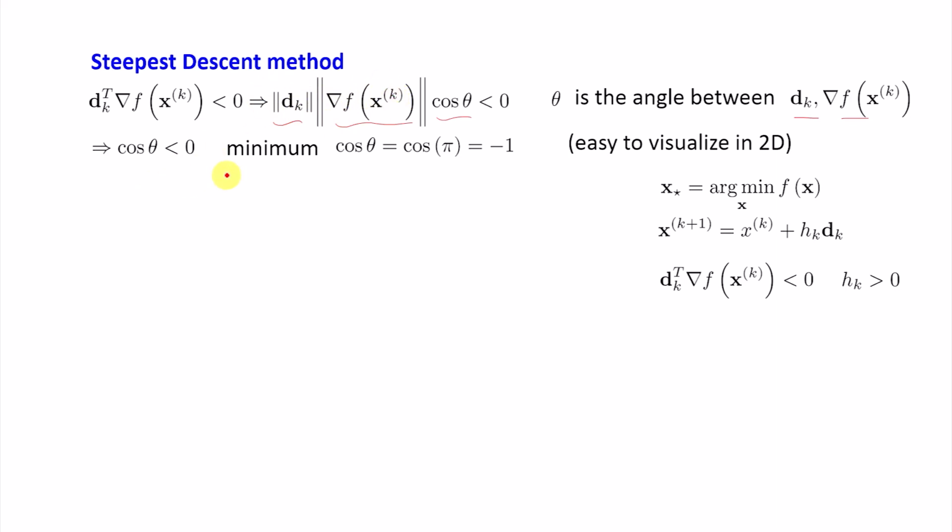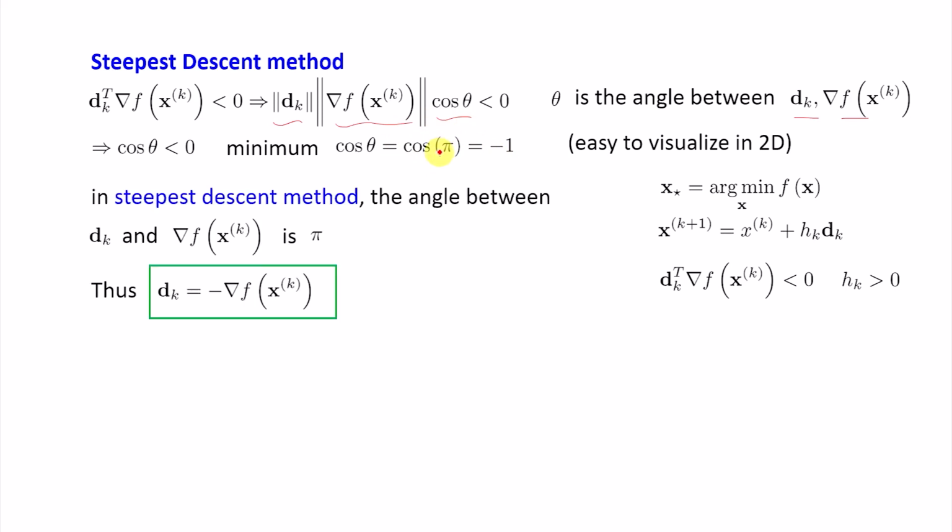The minimum of cos theta can be negative 1, and that can happen when theta goes to pi. Therefore, in steepest descent, the angle we select is pi, so that we can reduce the function as much as possible.